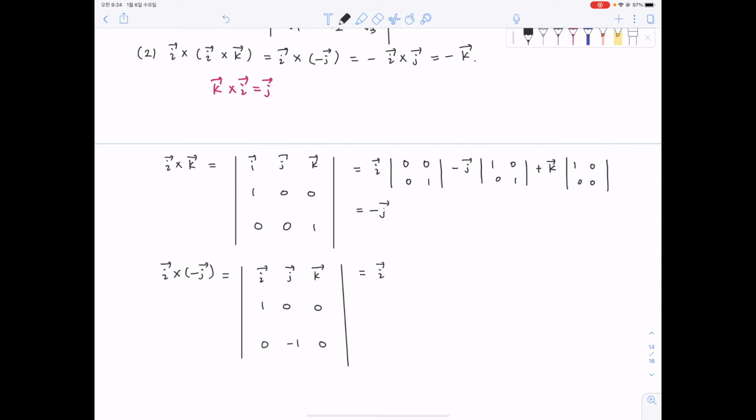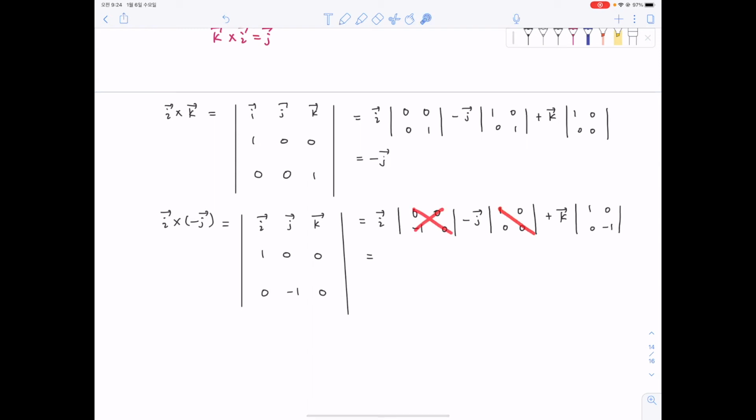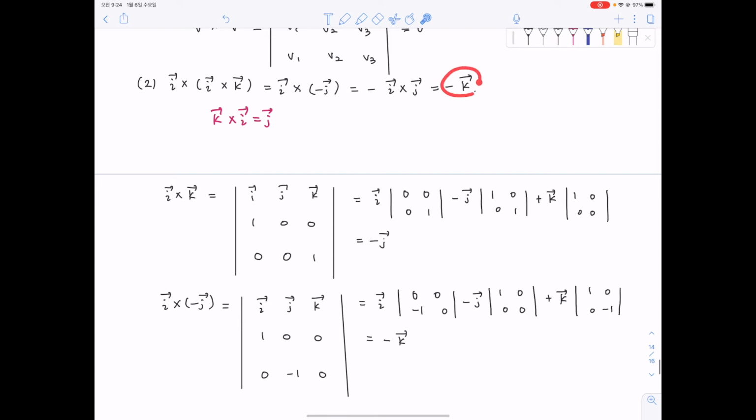So by definition of determinant, we can see that it is 0, 0, minus 1. So it is minus k.